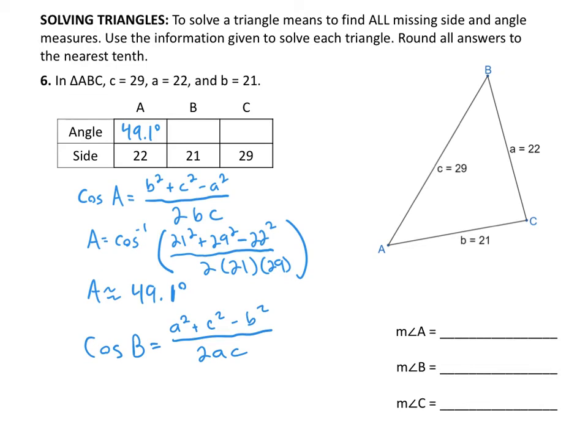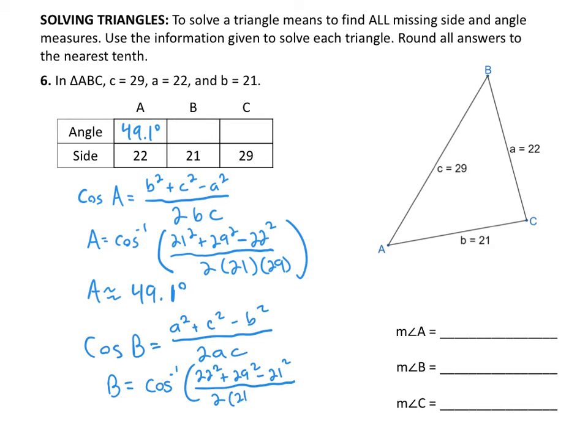B will equal the arc cosine of 22 squared plus 29 squared minus 21 squared, all over 2 times b, which is 21.